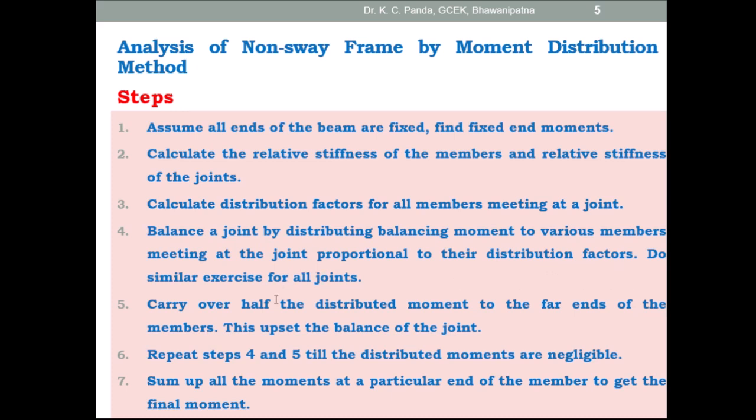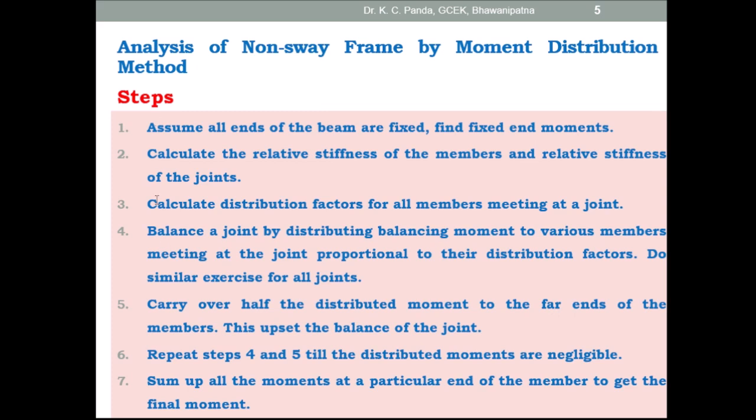Do a similar exercise for all the joints. Then carry over half the distributed moment to the far ends of the members. This upsets the balance of the joint. Then repeat steps 4 and 5 till the distributed moments are negligible. Then sum up all the moments at a particular end of the members to get the final moment.